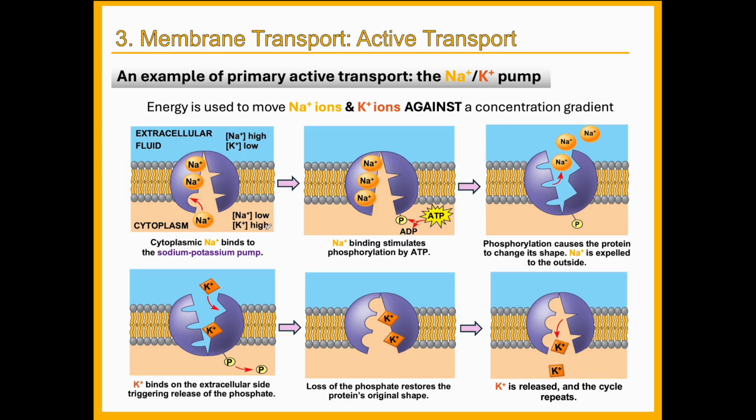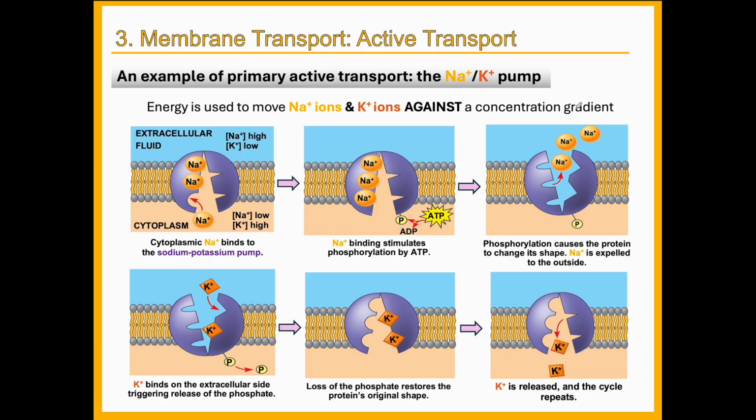This is the inside. So how this works, cytoplasmic sodium binds to the sodium-potassium pumps. 3 sodiums bind over here, right? Sodium binding stimulates phosphorylation by ATP of this pump. And so ATP comes and phosphorylates this protein. And phosphorylation causes the protein to change its shape.